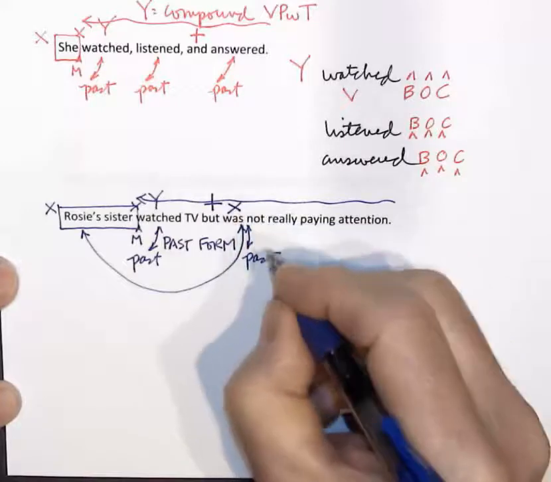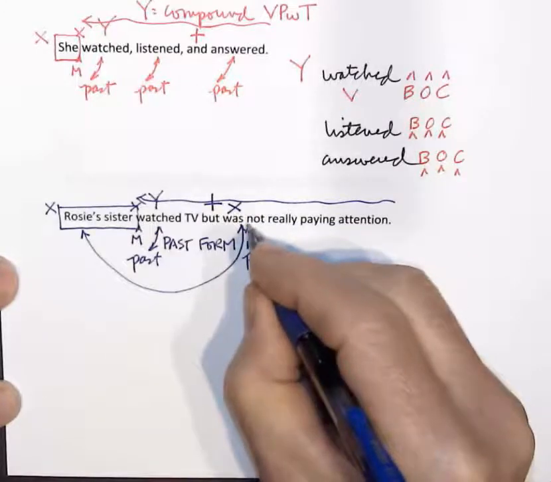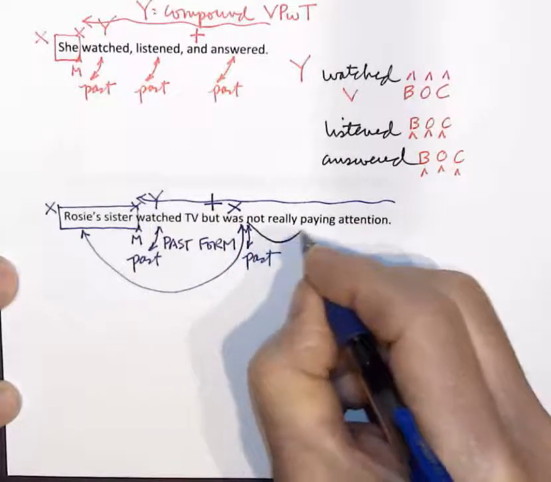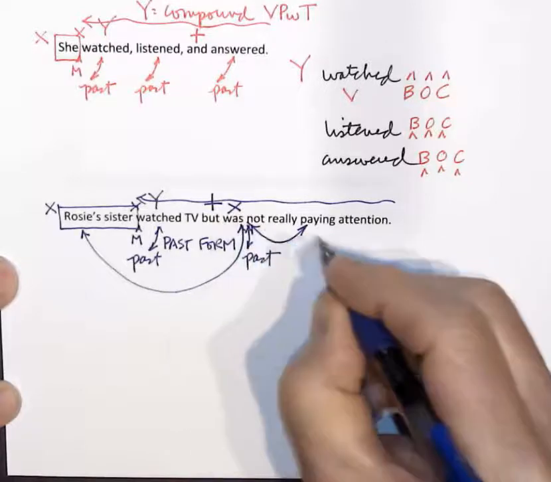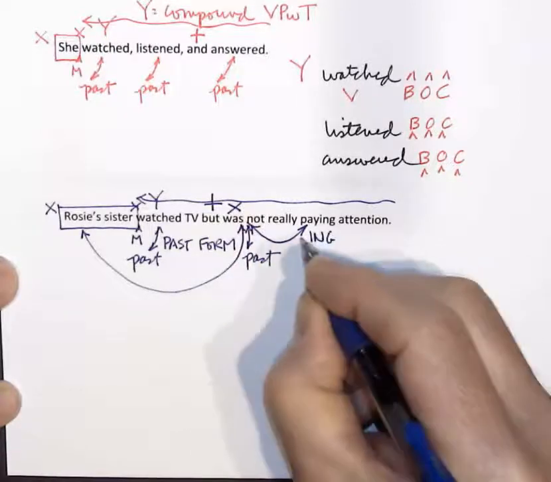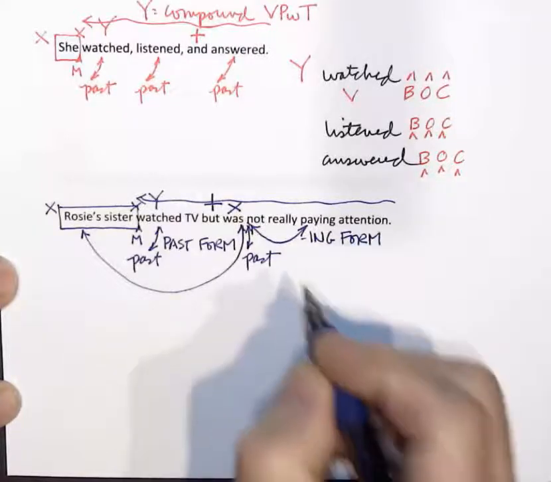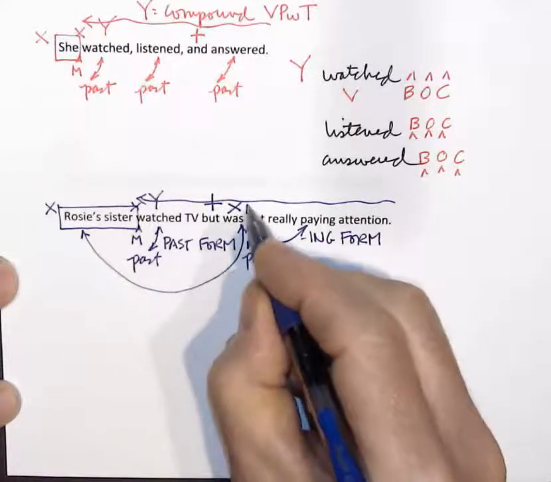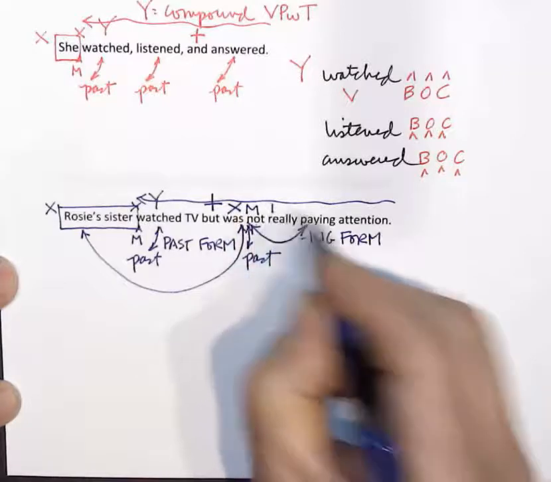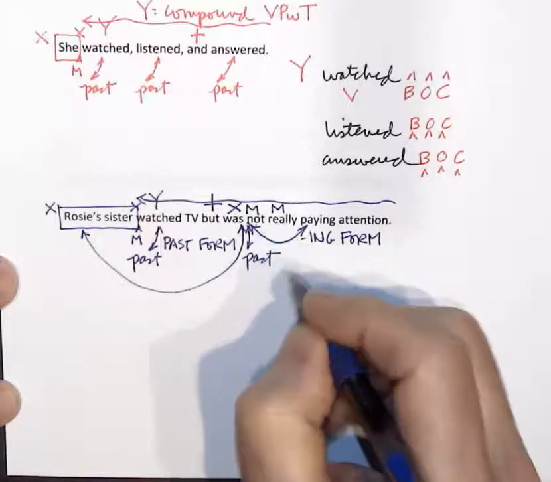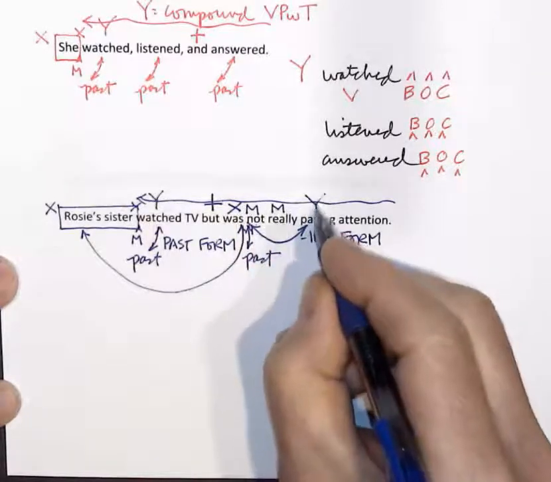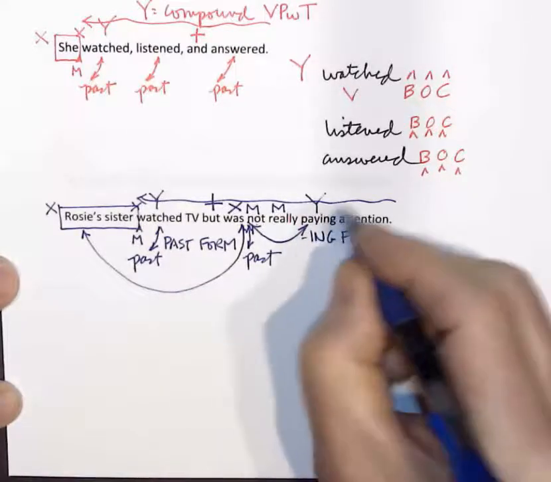There's another tie with was and paying. That's the ing form. Okay, and the M word not. We have a second M word really, and then paying attention is Y.